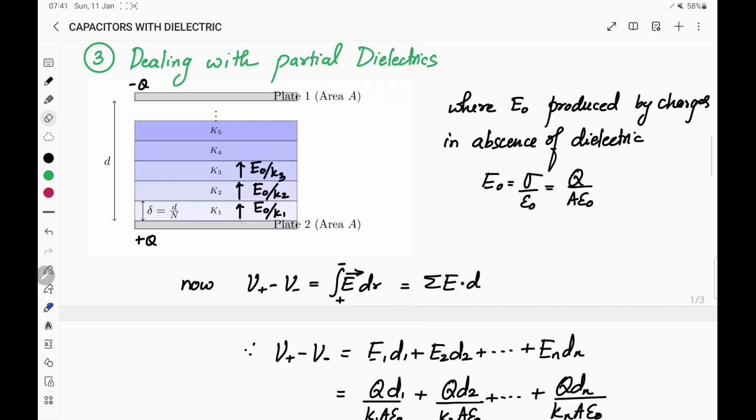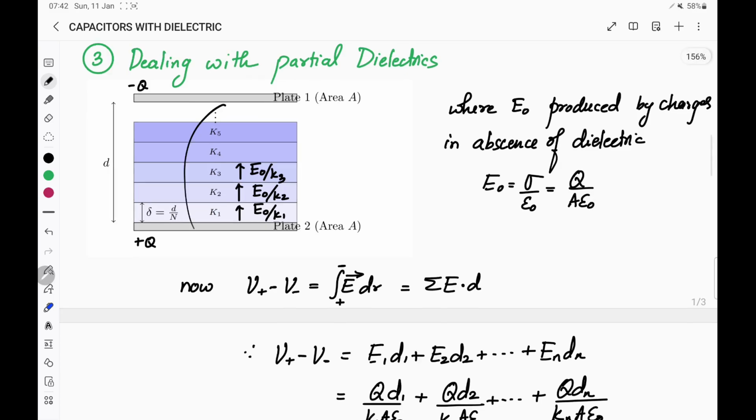Now, let us use these ideas in calculating the capacitance of a capacitor which has multiple dielectrics between its plates. Let us say this particular question has n dielectrics between its plates.